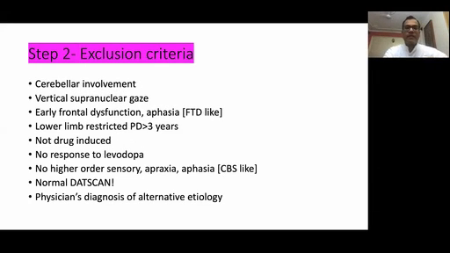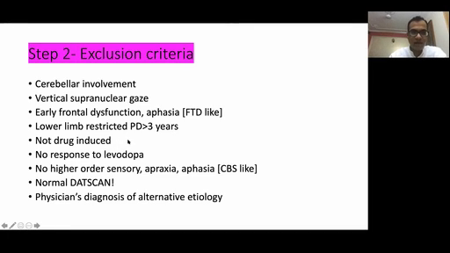Once you've done that, we have to rule out certain diseases, the most common ones being the Parkinson-plus syndromes. So you have cerebellar involvement in MSA, supranuclear gaze paralysis in PSP, frontal dysfunction and aphasia in frontotemporal dementias, lower limb restricted Parkinsonism in which it stays in the lower limb for more than 3 years. We have other differentials for those.